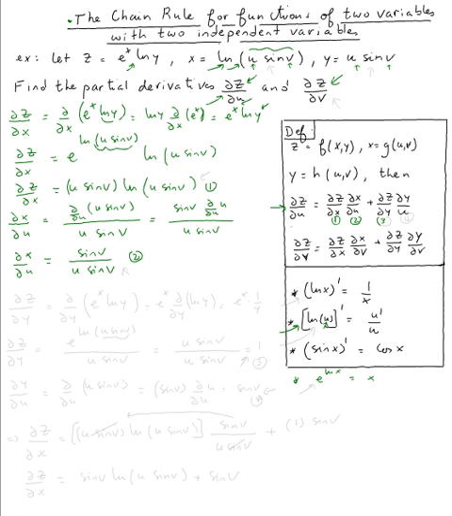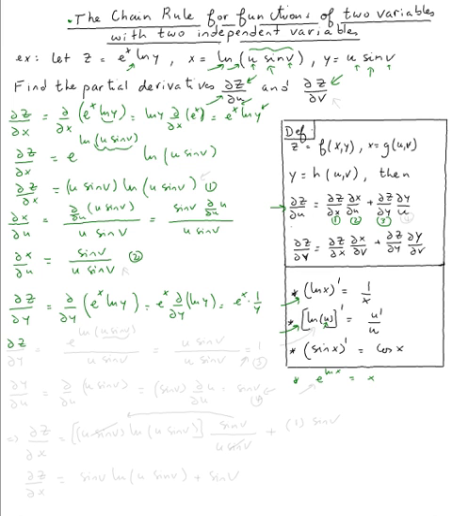We're almost done. We're going to do 3: partial z with respect to y. That is the partial with respect to y of e^x ln y. Now e^x is a constant, I can take it outside. So that would be the partial with respect to y of ln y, using this formula, which is 1 over y. So e^x times 1 over y. Now I'm going to plug in my x and my y.